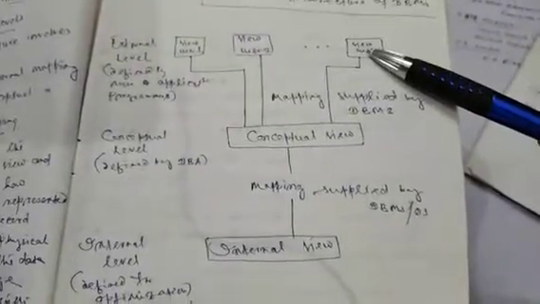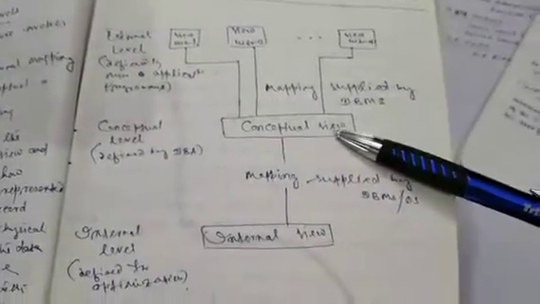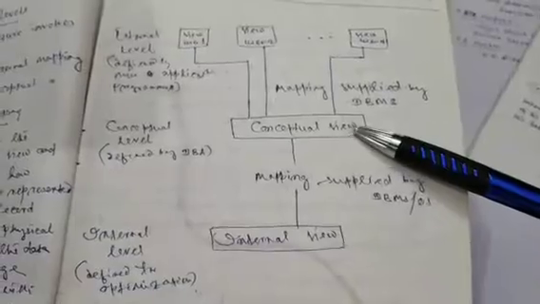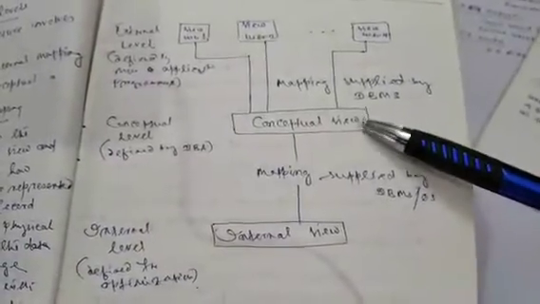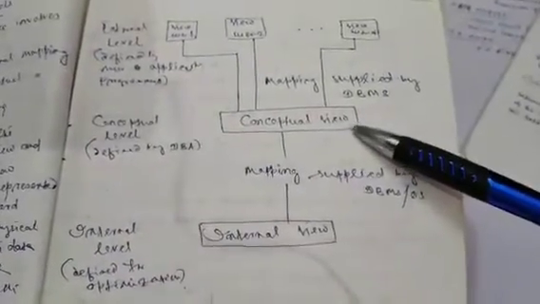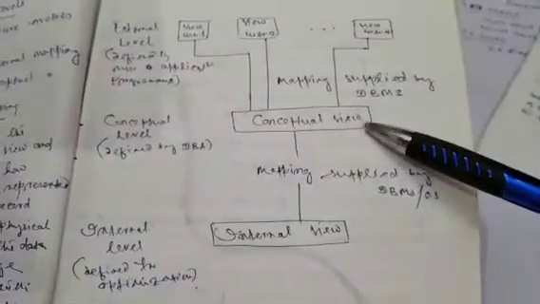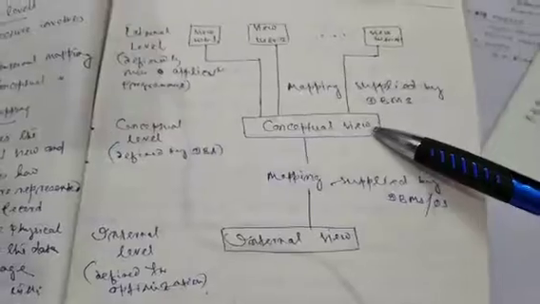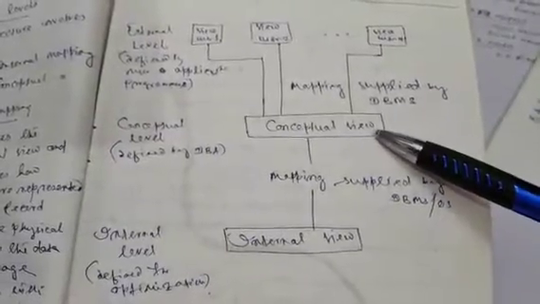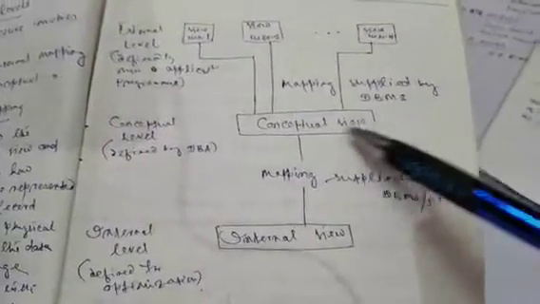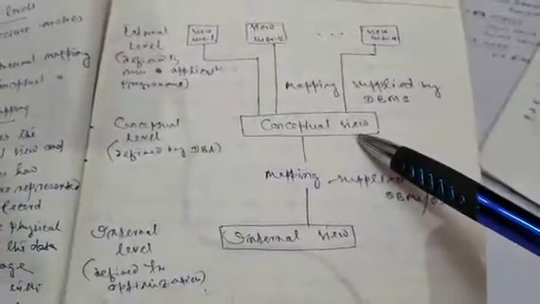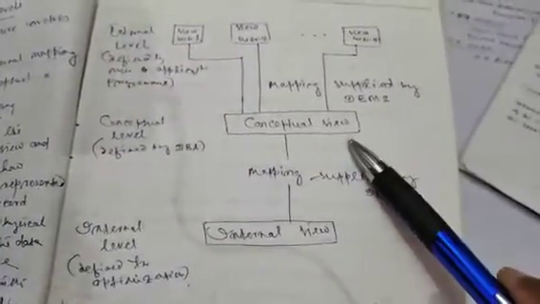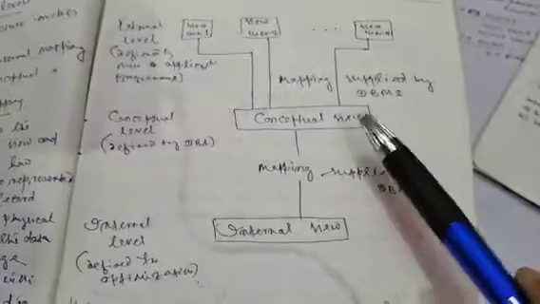Then we come to the conceptual level. It is the global view; you can also call it the global view, conceptual view or community view. The schema of this level describes the design of the database at the conceptual level. So here the programmers and database administrator work.